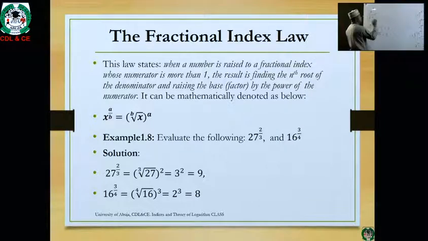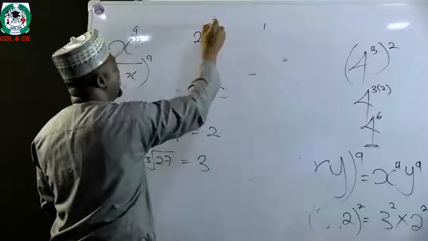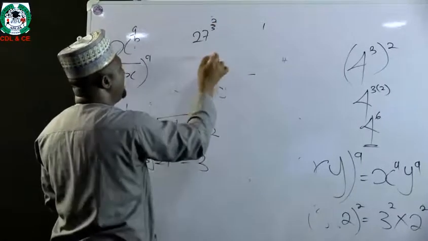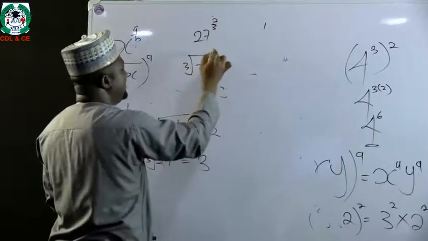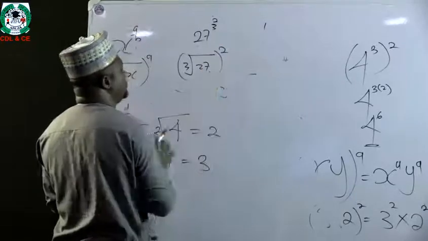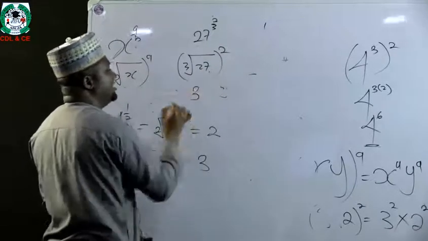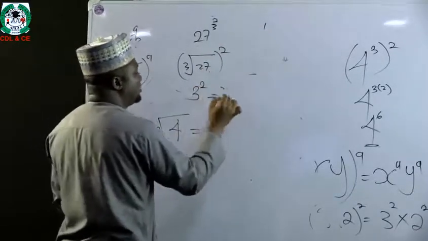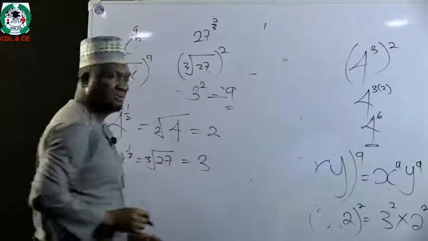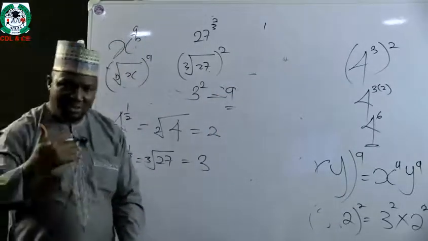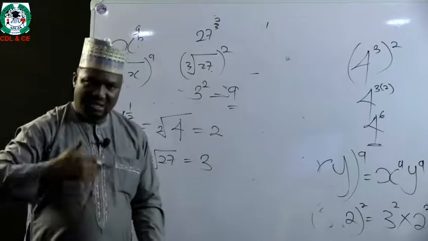Using the same reasoning, if we have 27 raised to power 2 over 3, what we find is the third root of 27, then we raise it to power 2. The third root of 27 is 3, which is 3 raised to power 2. And 3 raised to power 2 is 9. Are we together, class? As you can see, we are building the laws gradually.